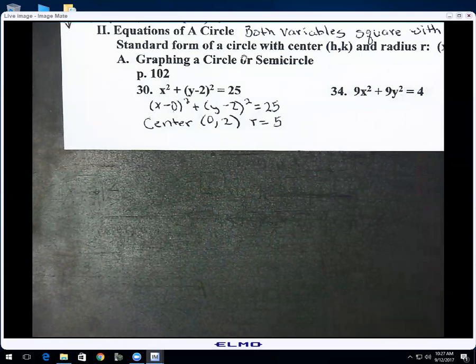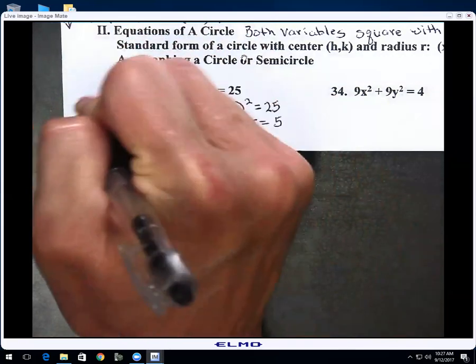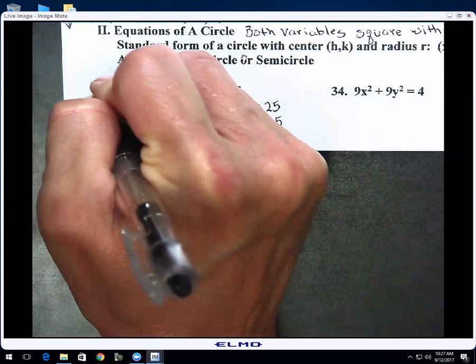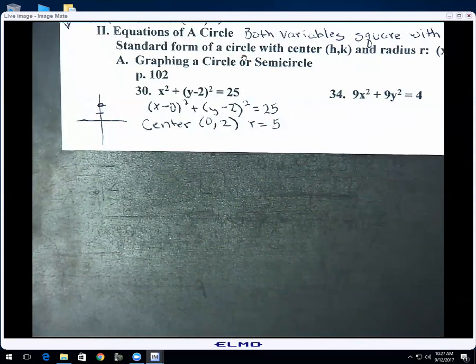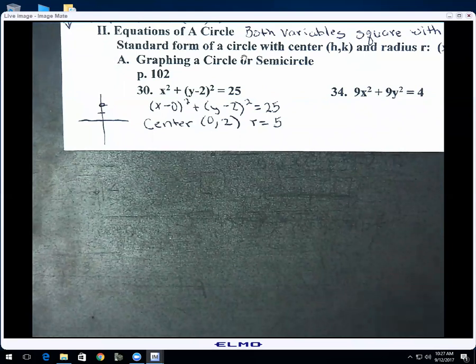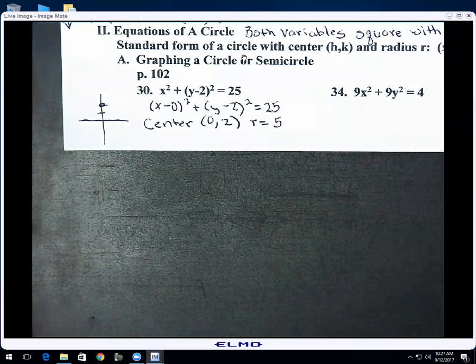All right, so to graph a circle, just start at the center and count 5 units from the center, left, right, up, and down.